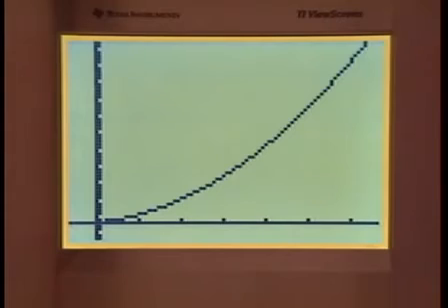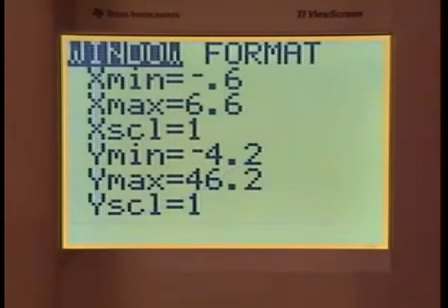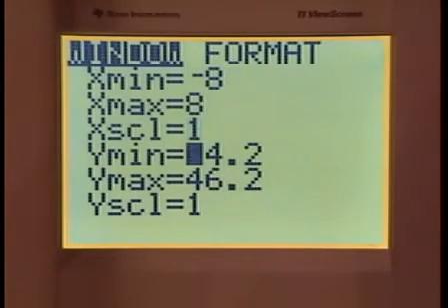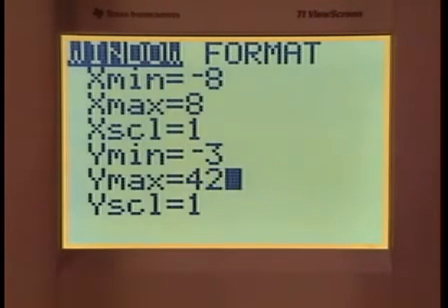If we wanted to step back a little bit and change the window to see all of it, let's say we have a bigger window of -8 to 8, and suppose we took, for a minimum y value, -3 to 42, as we saw was our largest value.